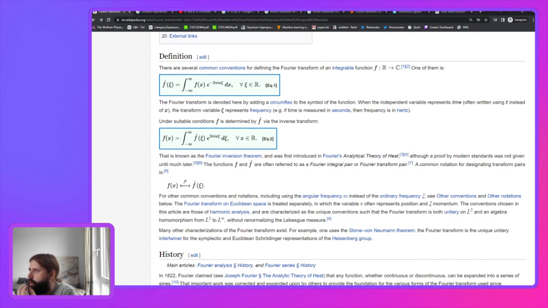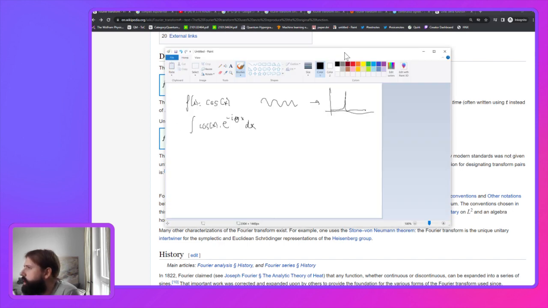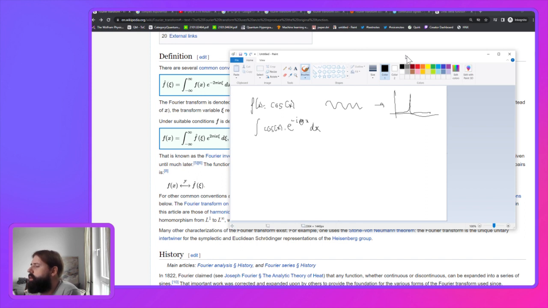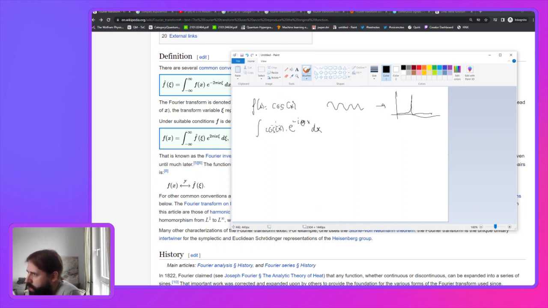Let's try to think about this on our own, right? So you have cosine of x, and then you have these. I think it's the same. If you have the 2 pi here, then you use the 2 pi function with the classical frequency.